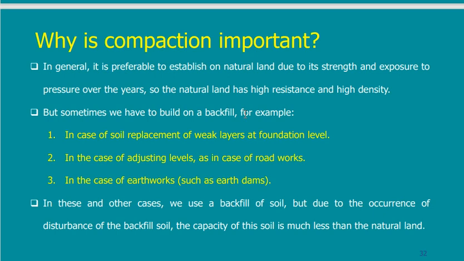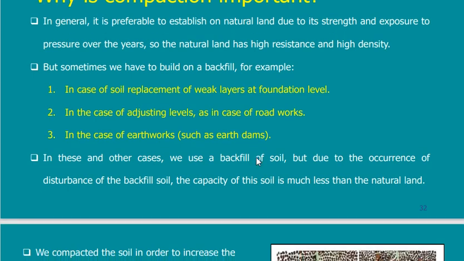Usually, any equipment that you use for compaction only compacts the first 20 to 25 centimeters. So don't try to put more than that. 30 is the maximum, because 30 will be compacted to 25, so you will end up with 25 centimeters that is very compacted. This is the maximum you can do.